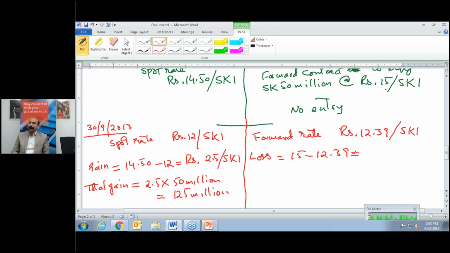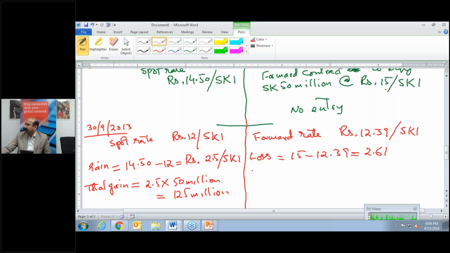This means now you can buy at the rate of 12.39, whereas you already entered into a forward agreement at the rate of 15. So this means you made a loss. The loss is basically 15 minus 12.39, so your loss is 2.61.